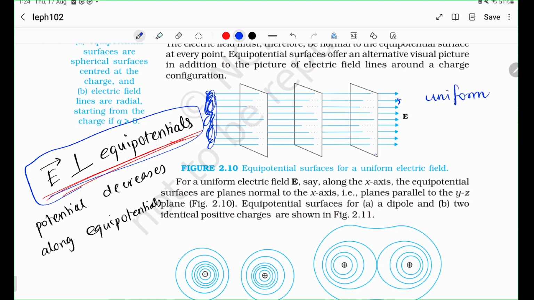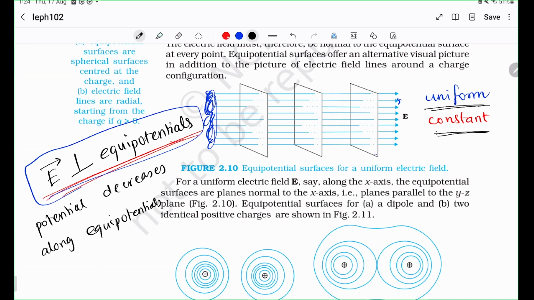By the way, I just want to use this moment to discuss a little bit about uniform and constant. A lot of JEE students have this doubt. Do you know what the difference is between a uniform field and a constant field? Because these two terms occur very often in competitive exams, and people might get confused.